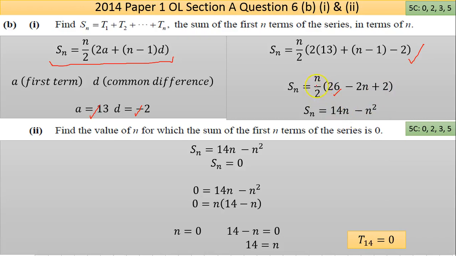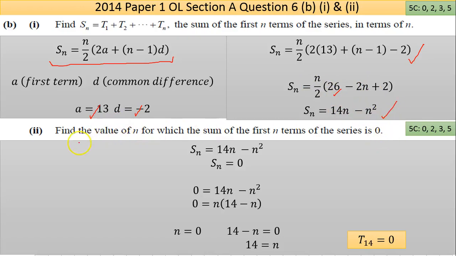Then I've multiplied across by the n and divided across by the 2, or taken the 28 minus 2n, divided by 2 first, to get 14 minus n. Then multiply by n. 14 by n is 14n, minus n by n is minus n squared.